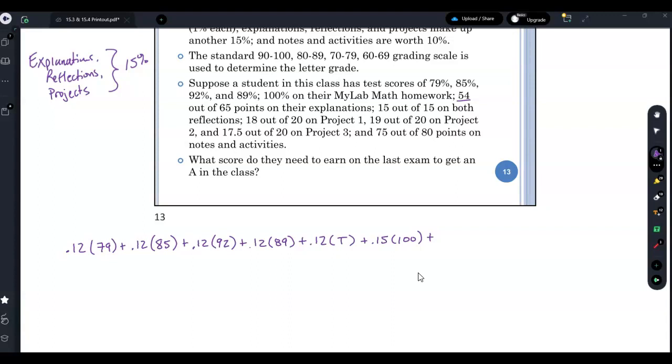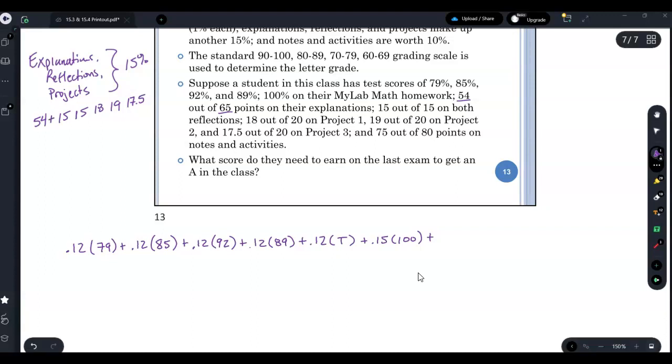I know that this student has 54 out of 65 points on their explanations. I know that they have 15 out of 15 on both reflections. And then I know their scores on the 3 projects were 18, 19, and 17.5. So those are all of the scores that they got.